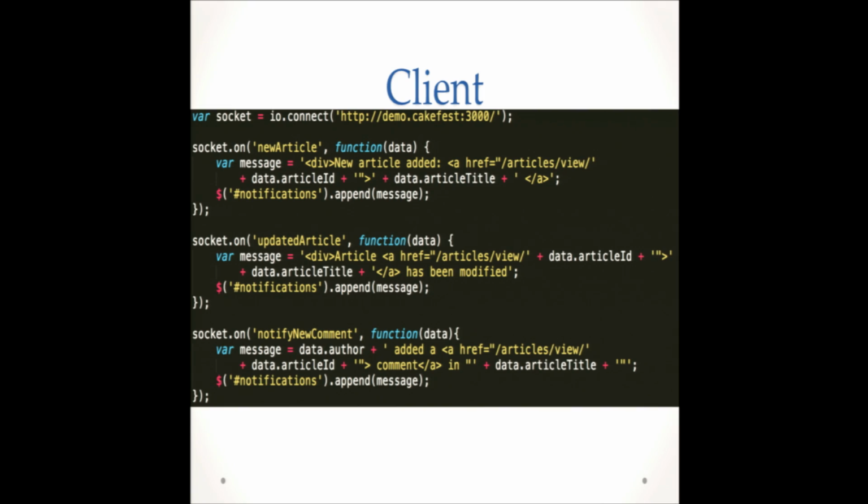On the client side, we just connect to the Node.js application, and after we connect, we are just waiting for events to be sent from the server. So in the case of a new article, when we receive the new article event, we just prepare a tag, a simple div with the information that we need to show on the client side. And the same thing goes for the other two events.